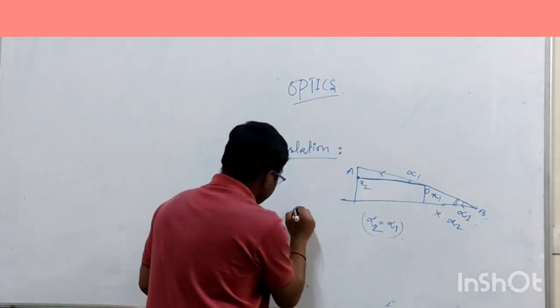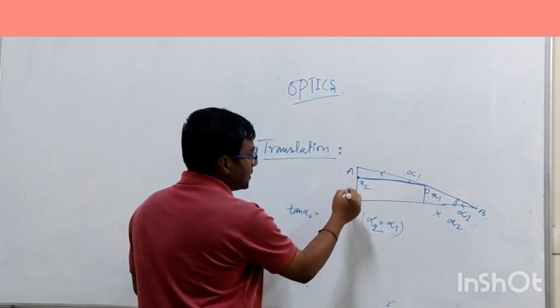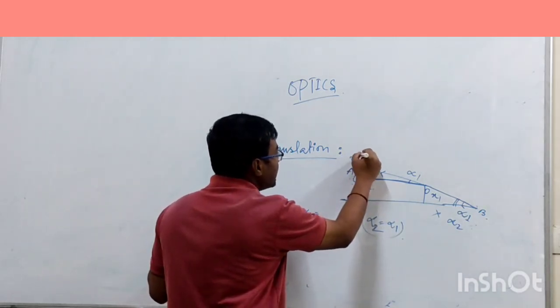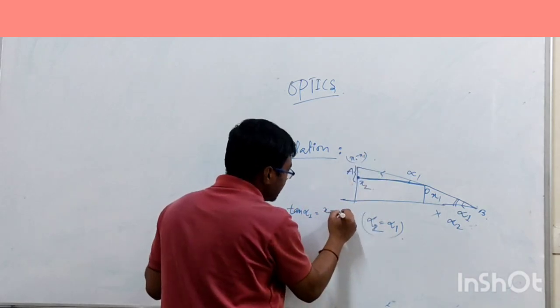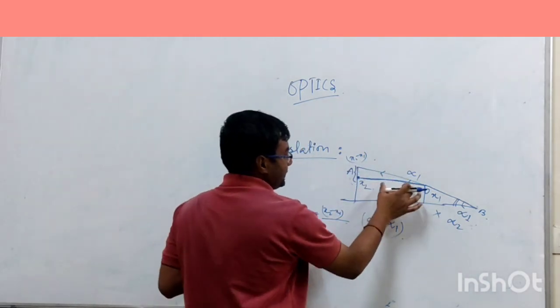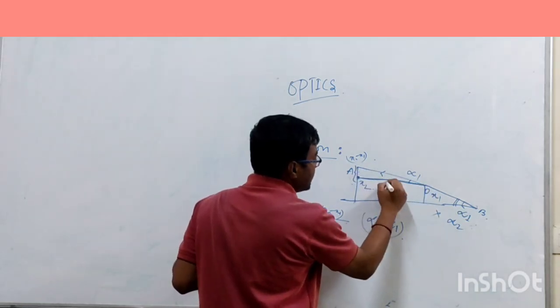So we can say that tan alpha 1 should be equal to this much height, x2 minus x1, by the distance between the two points, the parallel distance between the points x1 and x2. So it will be d.